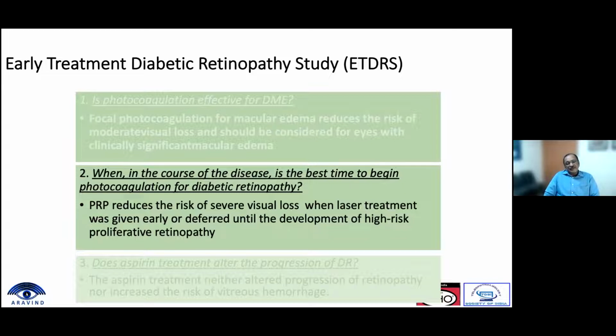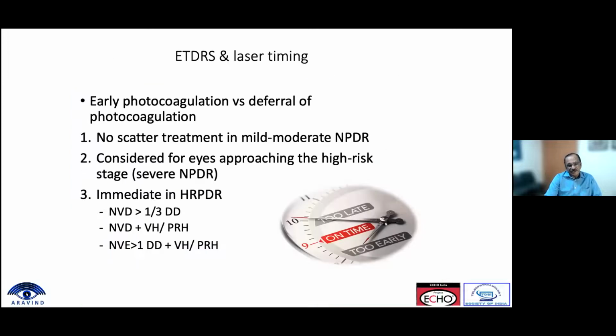It was clearly seen that PRP reduces the risk of severe visual loss when laser treatment was given early, or it is deferred until the development of high-risk proliferative retinopathy. So you need to ensure that it is indicated in a certain stage, when diabetic retinopathy has reached the high-risk characteristics.